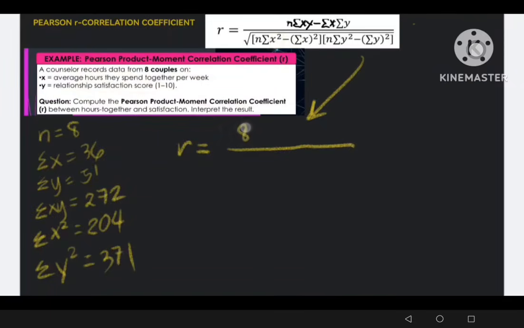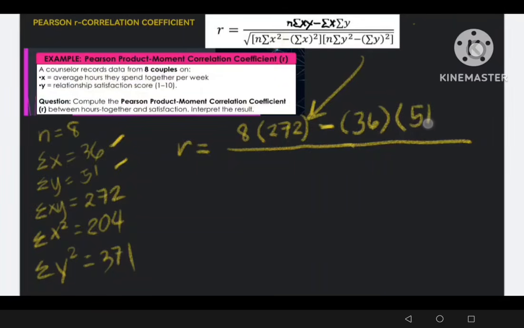Summation of x times y is, in open and close parenthesis, 272, close, minus summation of x, in parenthesis, 36, and then summation of y, in parenthesis, 51.